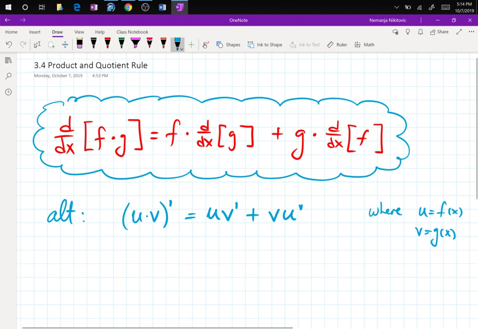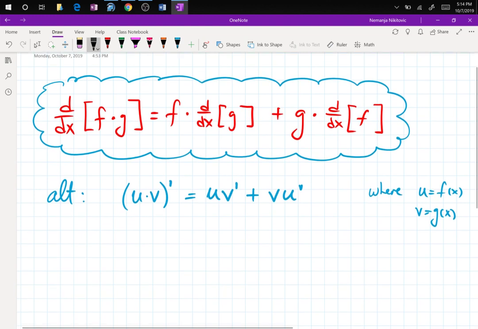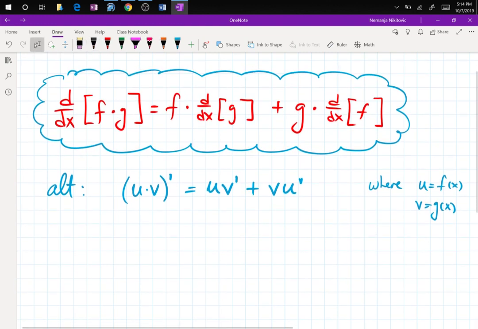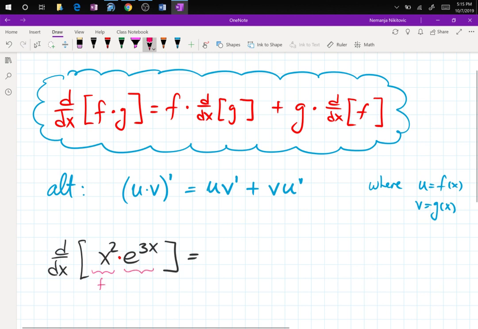All right. So we can now take derivatives of, as I said, x squared times e to the 3x. So you have the multiplication. You see that you have the function f, which is x squared, and the function g, which is e to the 3x.